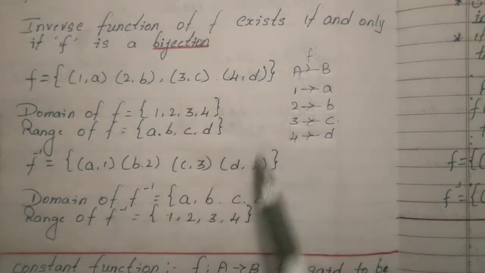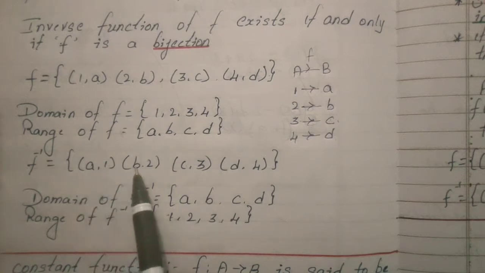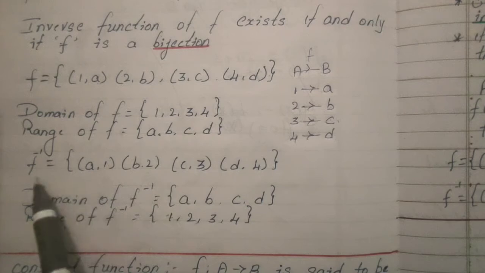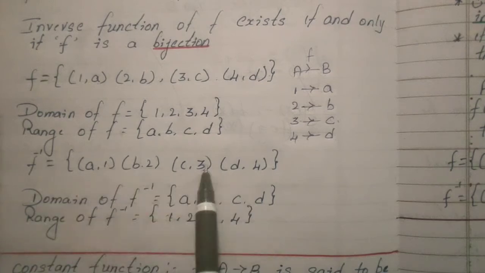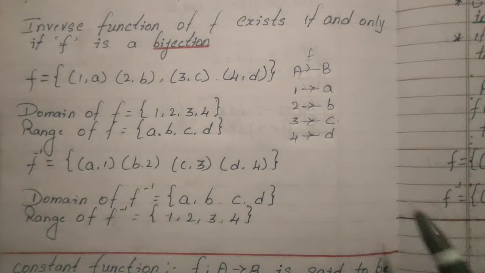That is f inverse. Here the first components are said to be domain of f inverse. The second components 1, 2, 3, 4 are said to be range of f inverse.